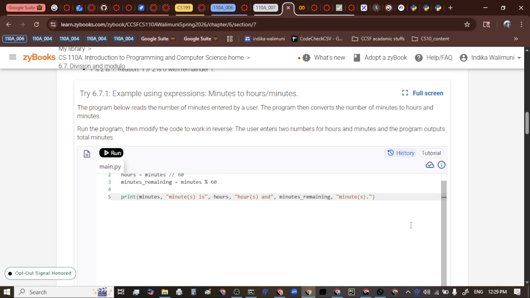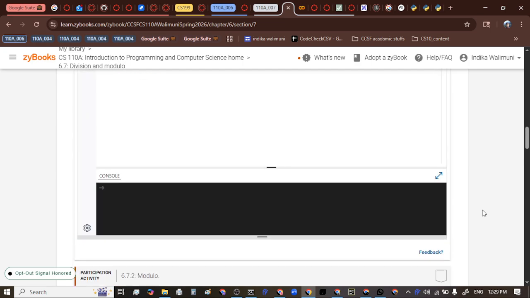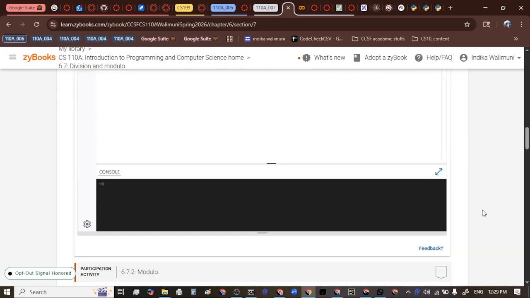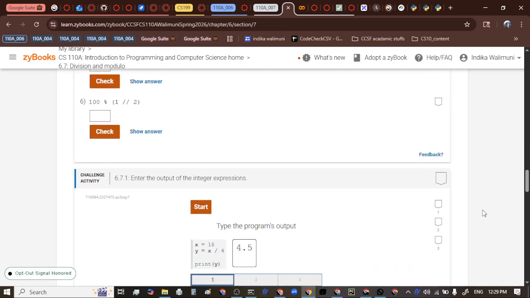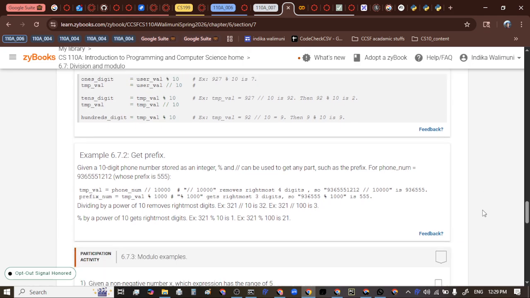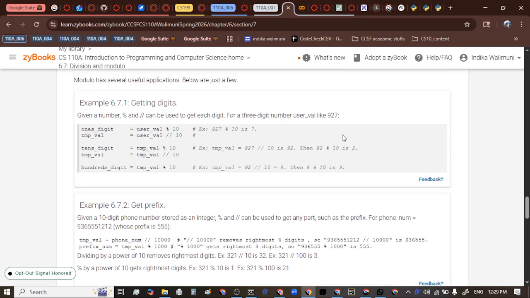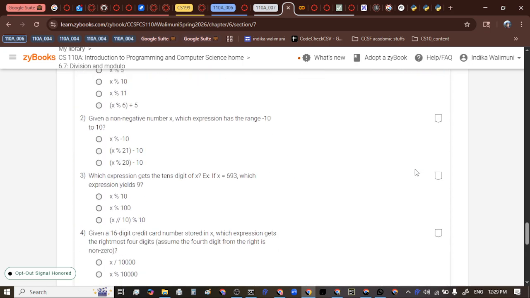Okay, so let's go. Is this a challenge activity? No. Okay. All right, so this one is really one common usage, to calculate the digits of a number, those things.